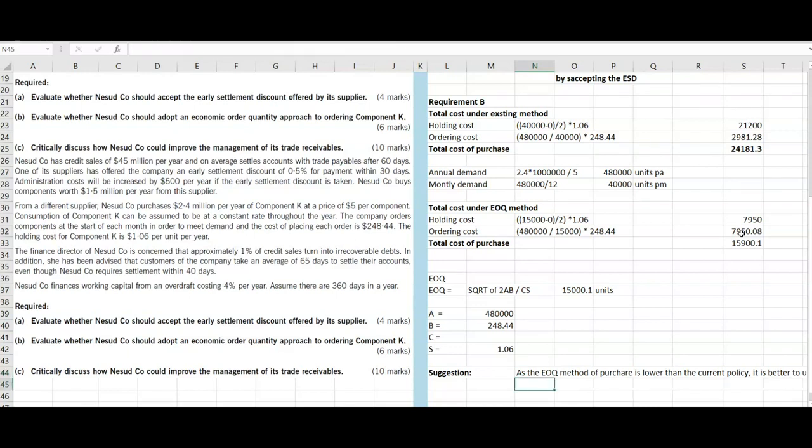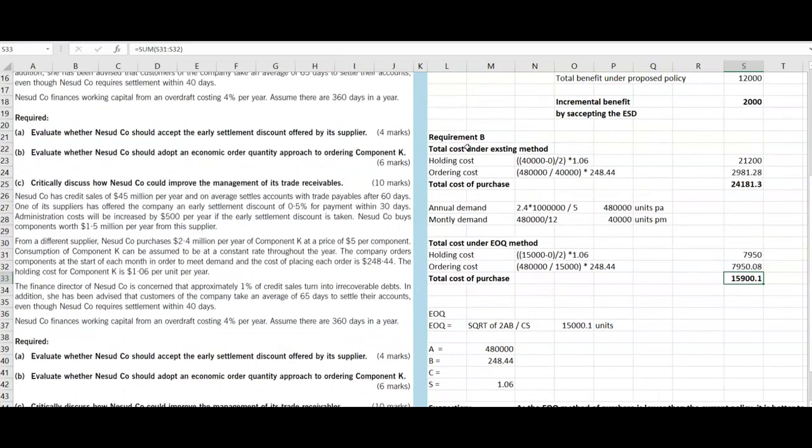So that's about the suggestion here. Our suggestion is, as the EOQ method of purchase is lower cost than the current policy, because our current policy is 24,000, but the EOQ method gives our purchase cost at 15,900. So it's better to go for this.